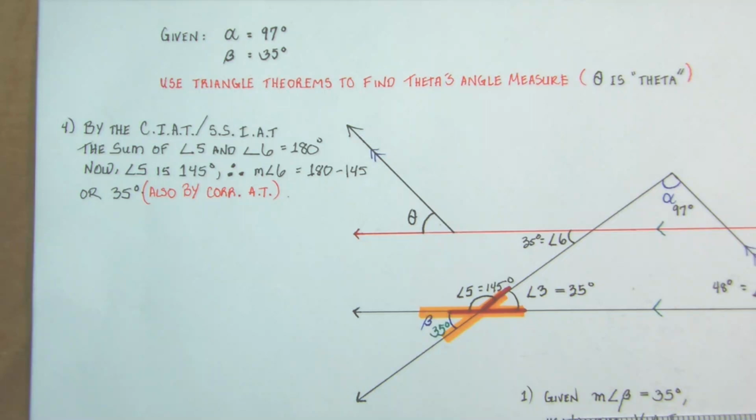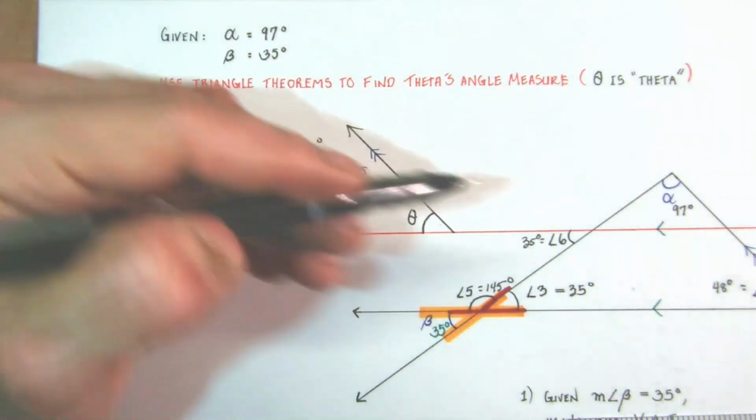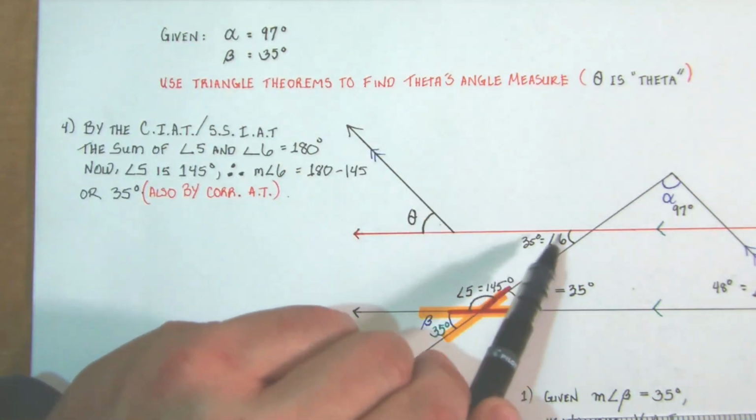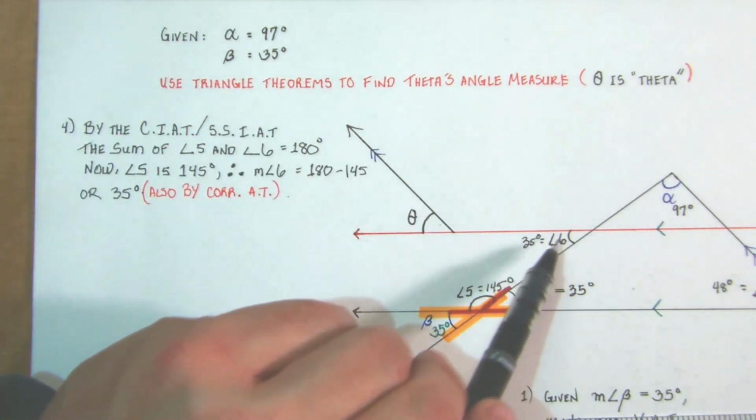Okay, so I want you to look very carefully at this picture. How am I going to get from angle 6 to theta?